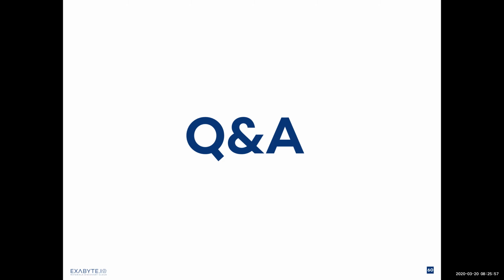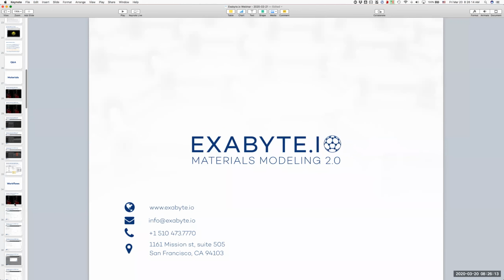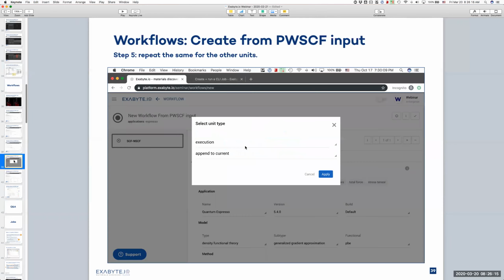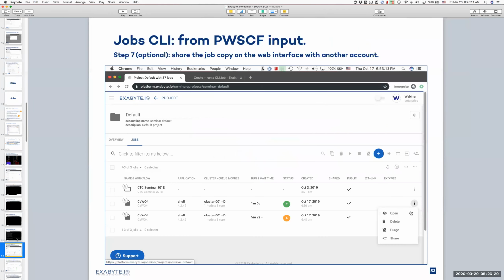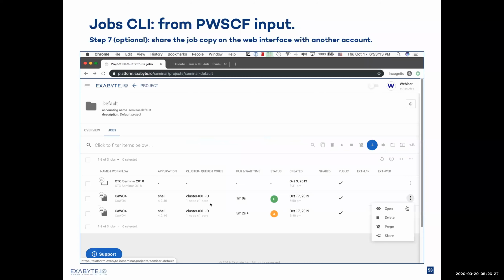I think the answer is we still have to develop the tools that will properly parse the workflows. I demonstrated how we can actually get the information from the shell calculation, if I go back here to the jobs example, and we show it inside the web application.